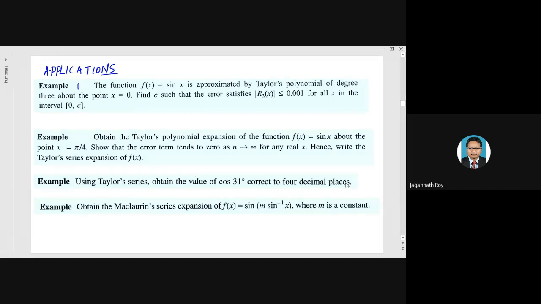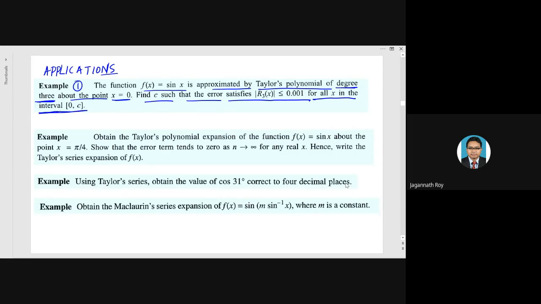For example 1, the function f(x) = sin x is approximated by the Taylor polynomial of degree 3 about the point x = 0. Find c such that the error satisfies this relation for all x in the interval 0 to c.